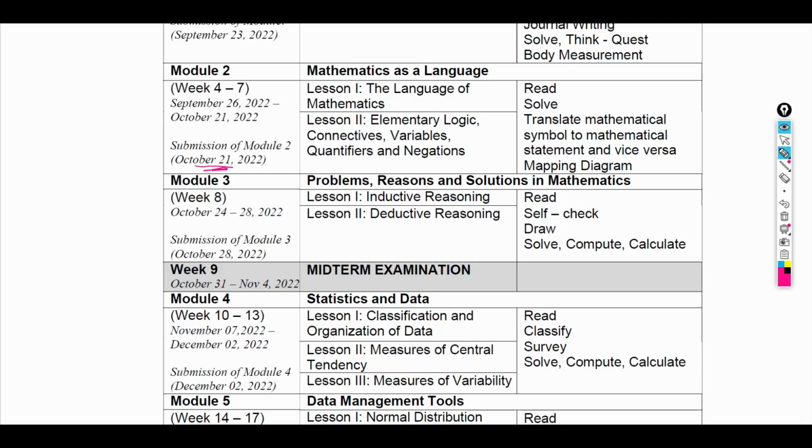Module 3 will run from October 24 to 28 and comprises lesson 1 and 2 with inductive reasoning and deductive reasoning. You are expected to read, self-check, draw, solve, compute, and calculate. The deadline for module 3 submission will be October 28.